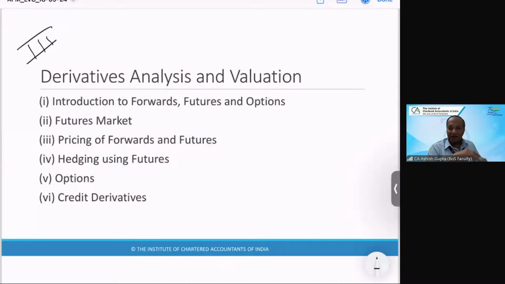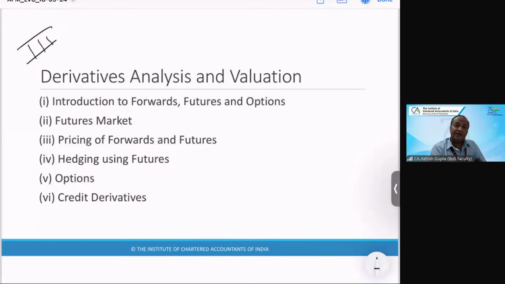Even according to a SEBI report, 9 out of 10 derivative traders make losses. So my request to you: before you become a CA, don't indulge in the market. In the CA examination, concentrate only on the academic point of view, because the practical application may be different from what we are studying here in theory.